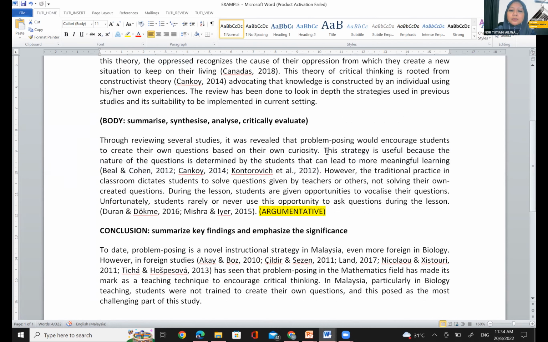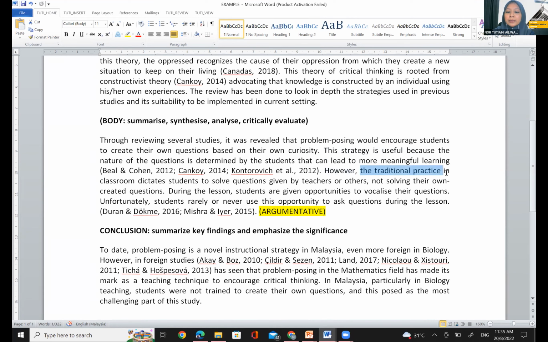Okay, so this strategy. Nampak I'm using this particular word. However, maksudnya bila I use however, ini adalah argumentative punya style. Okay, dia kata this strategy is useful. Kan? However, maksudnya I nak bawakan the idea, contradict idea from the useful one.